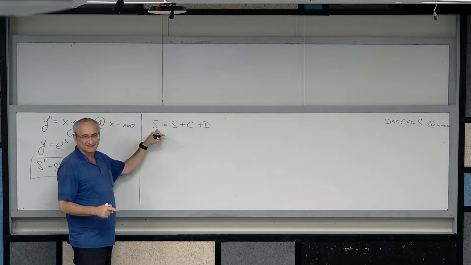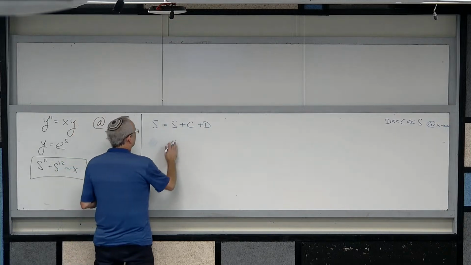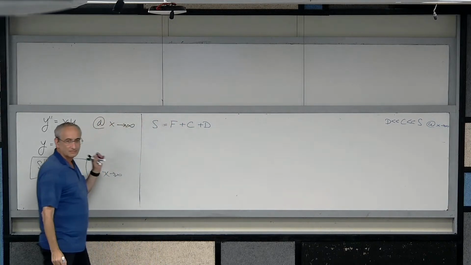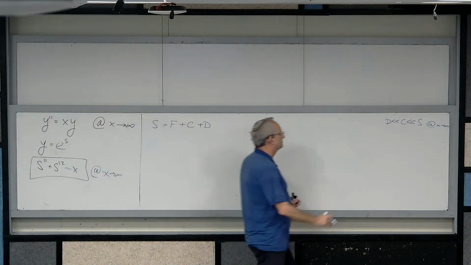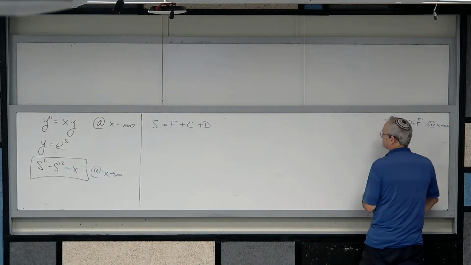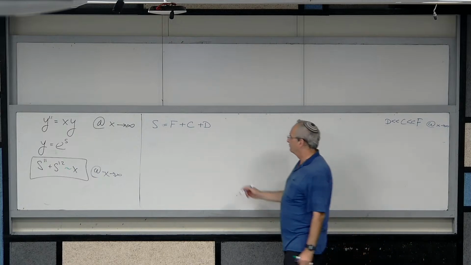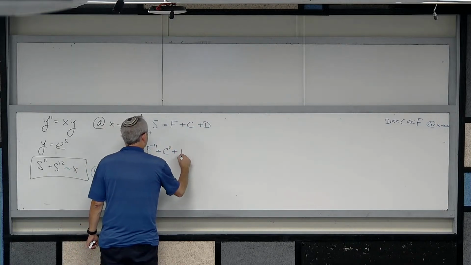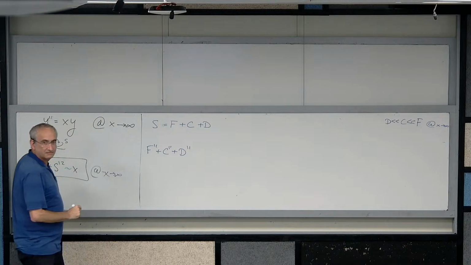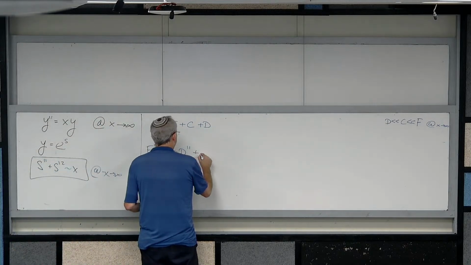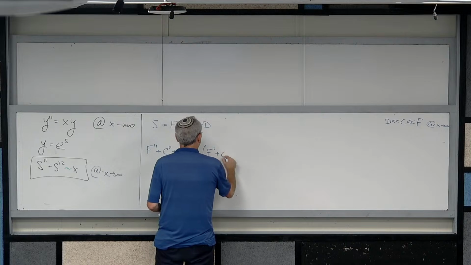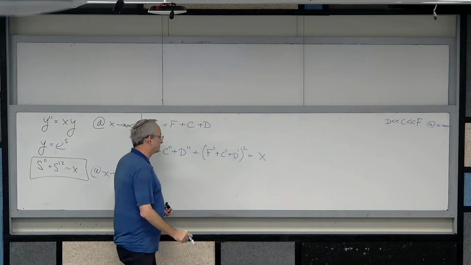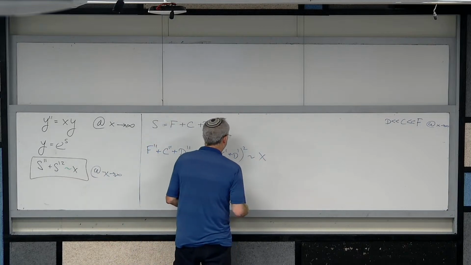So let's call it F. So D is much smaller than C, much smaller than F. Now we can write it as F double prime plus C double prime plus D double prime, this is S double prime, plus F prime plus C prime plus D prime, squared, is asymptotic to x.